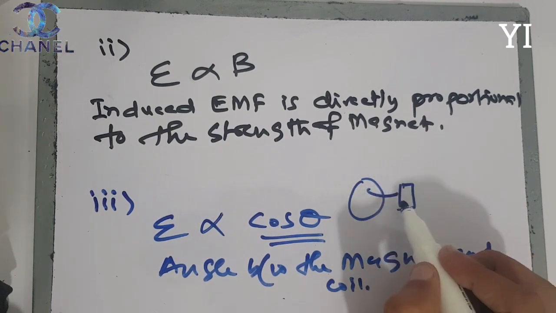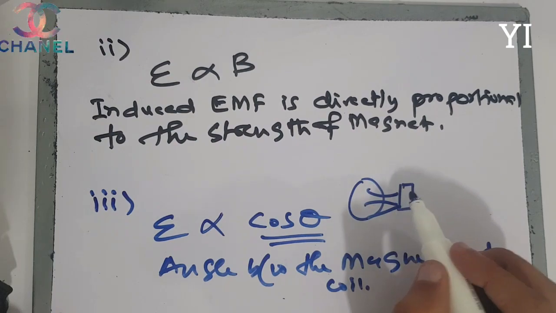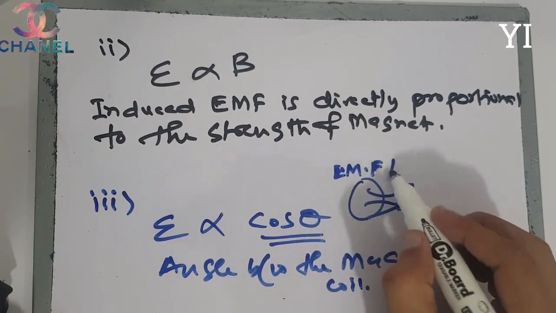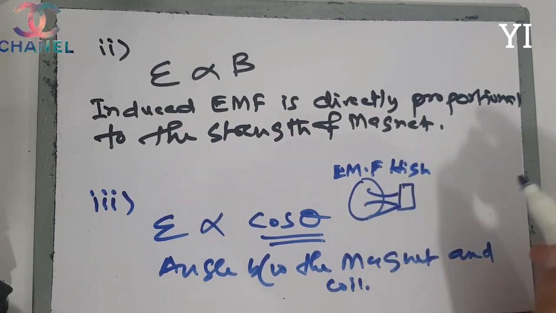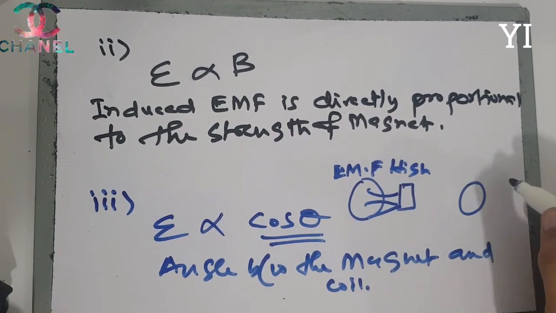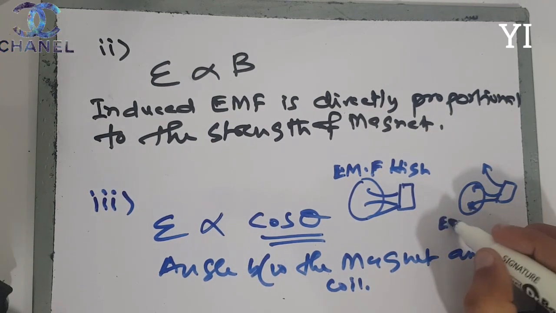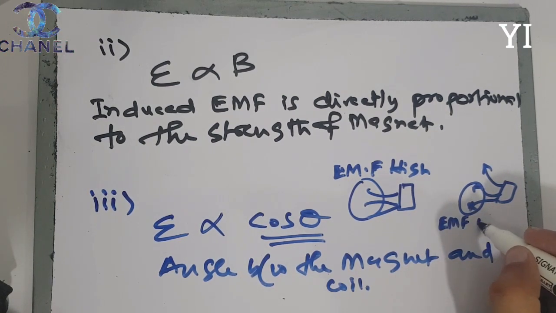So here the EMF will be induced, all of the magnetic field will cross the coil, so the EMF induced will be more, EMF high. In the other case, if we change the angle of the magnet, all of the magnetic field does not pass through that coil, so the EMF induced will be low.